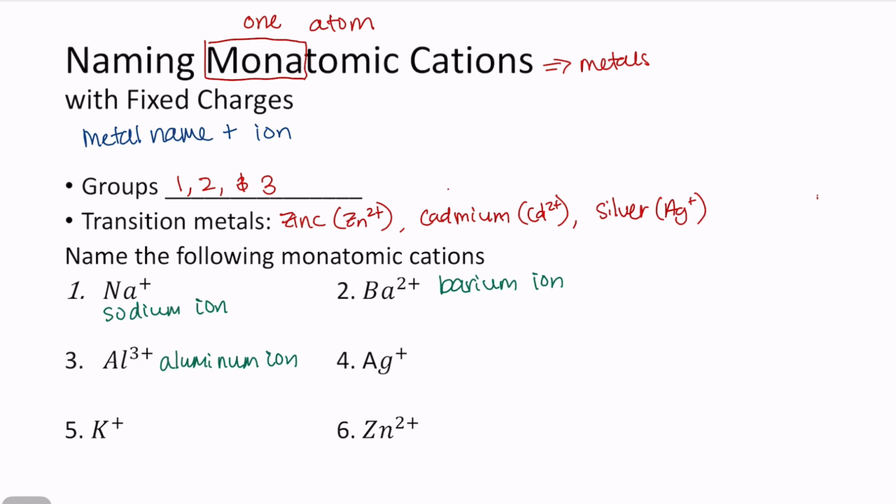So it only has 1 charge. So we call this silver ion. K is potassium and it is charged, so it's going to be potassium ion. Finally, we have Zn, which is zinc. Zinc is also one of the transition metals that has a fixed charge, so we would name this zinc ion.